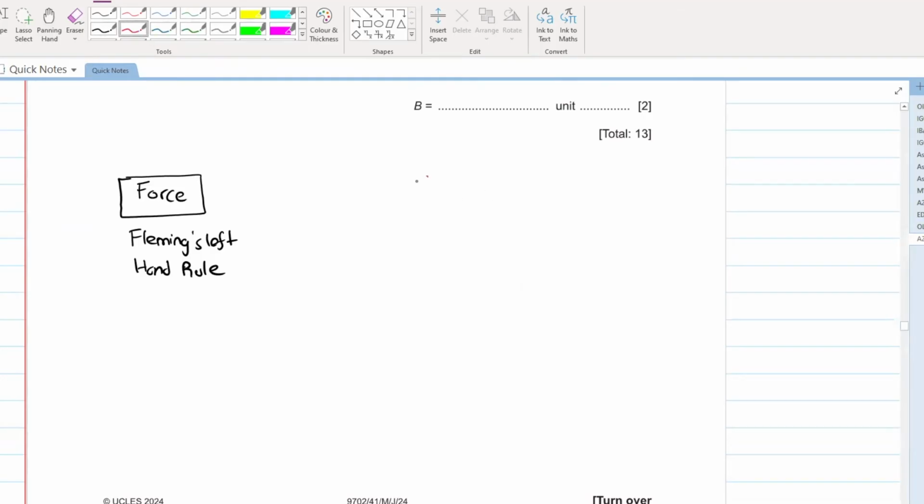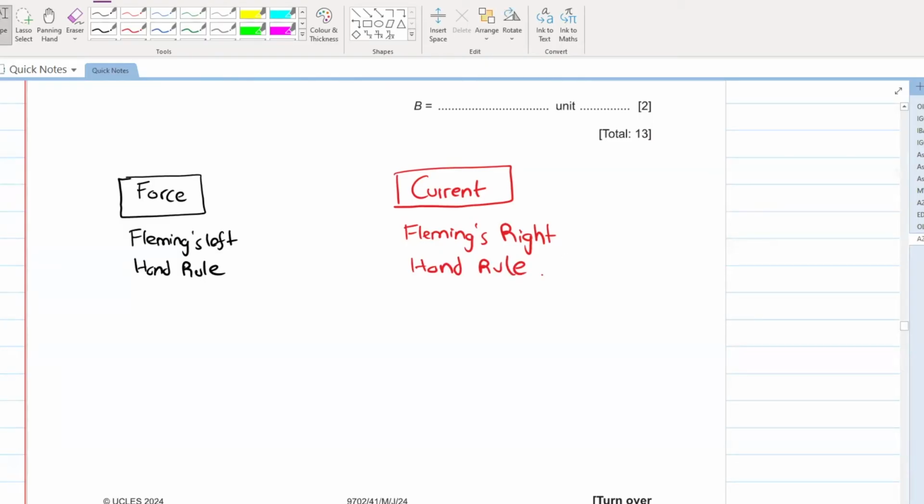Whenever the direction of current has to be found, we will use Fleming's right hand rule. This is the distinction. There is no other concept than this. Whenever you have to calculate the direction of force, you will use Fleming's left hand rule. Simple, nothing complicated here.